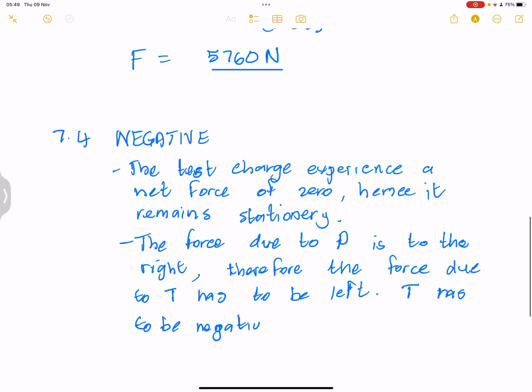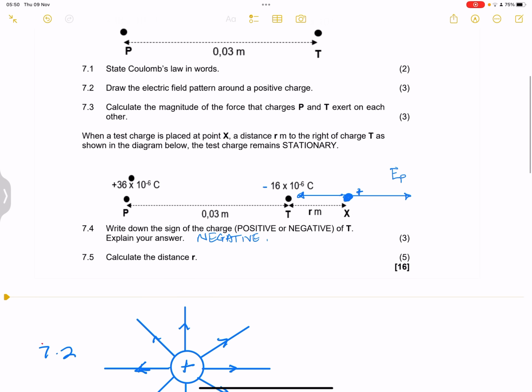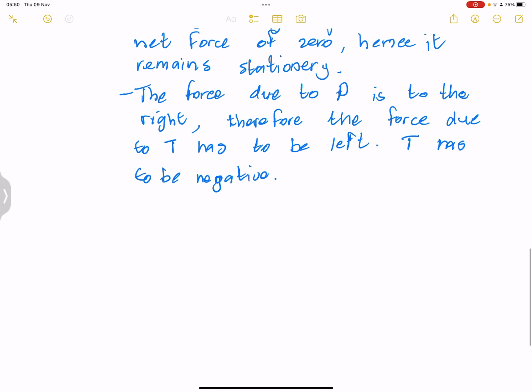I would wish that, when they ask us these questions, they give some kind of indication in terms of the keywords, right? Now they say we need to calculate the distance R. What we are going to do, ladies and gents, remember we are talking about a test charge. So let's take those two.